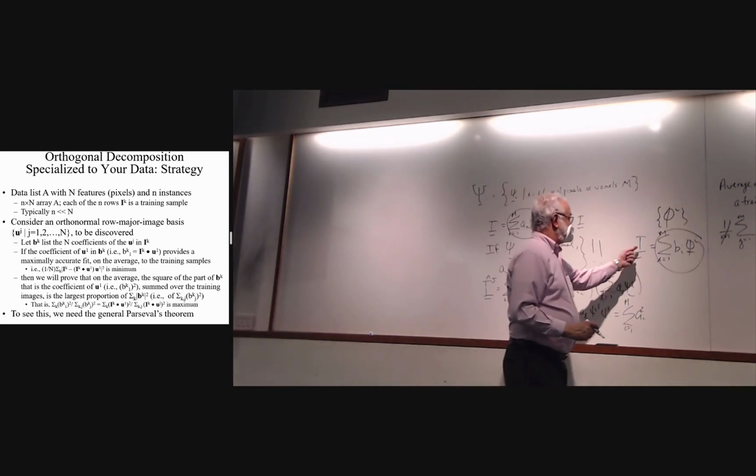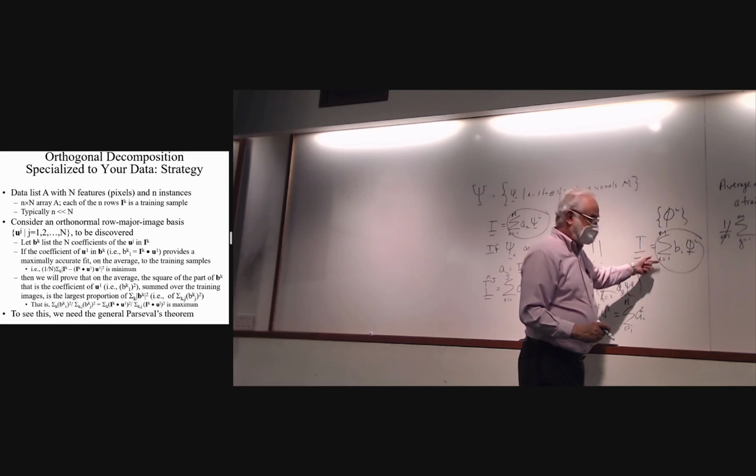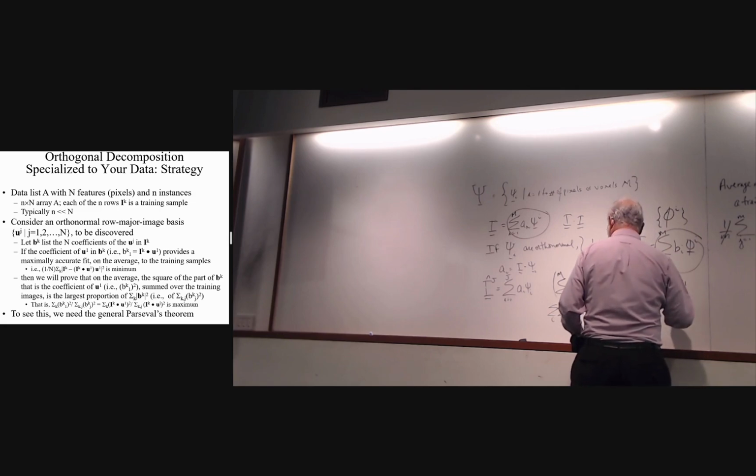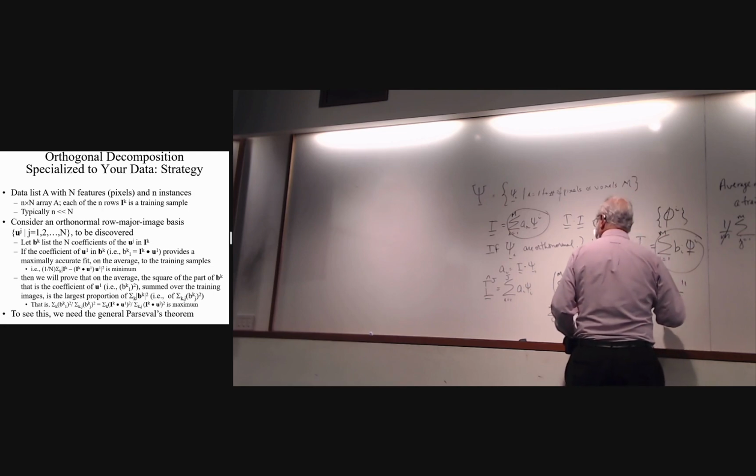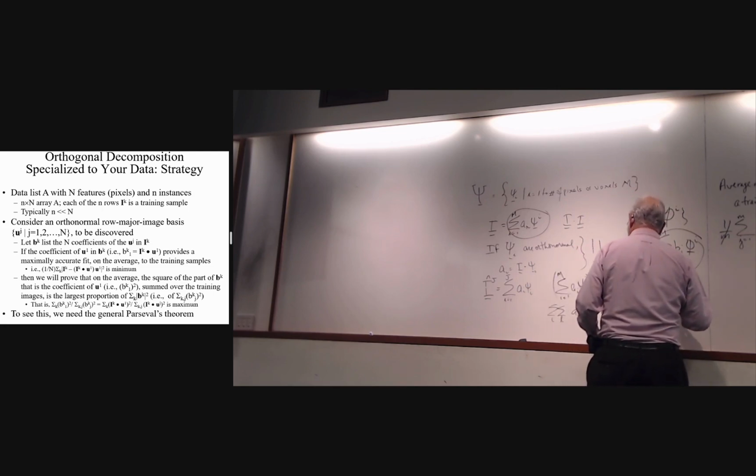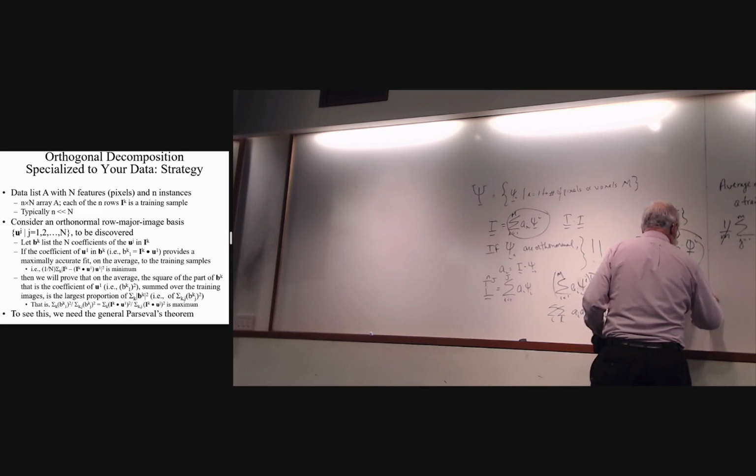And if I play the same game here with different images, I'm going to get I transpose I equals the sum of b_i squared.